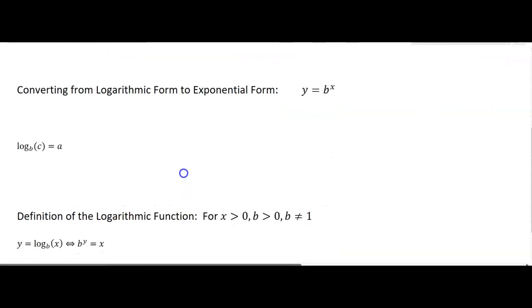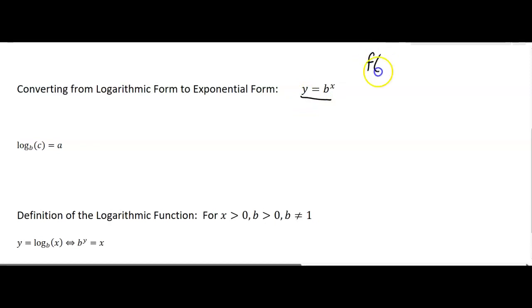Okay. So how do we do all this? Well, we've been working with exponential functions, and we had a function like f of x equals 2 to the power of x. And we spent some time with that function, and we graphed it. And we said, oh, it graphs to be something like this, right?